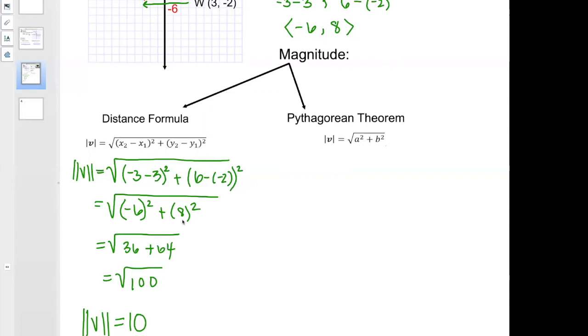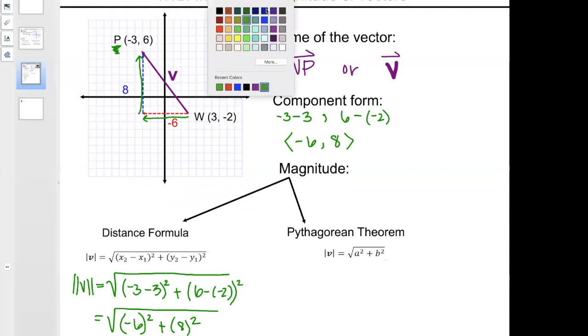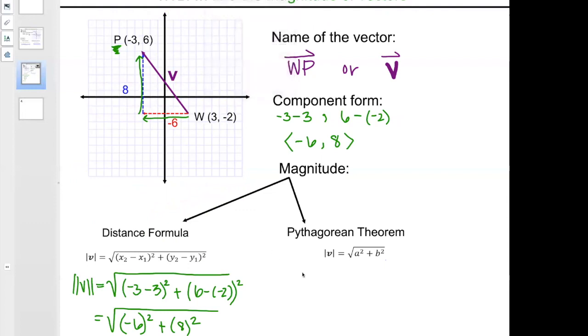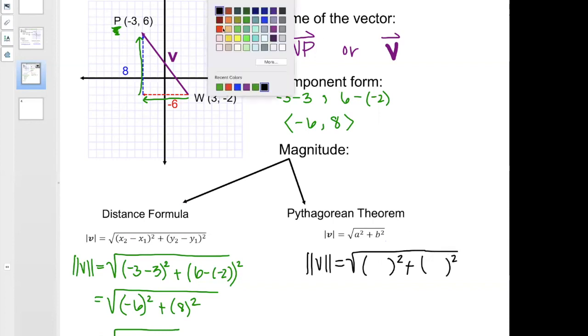Now let's take a look at Pythagorean theorem, which should give us the exact same answer. Again, I'm partial to Pythagorean theorem when it's already graphed for you. I think it's a lot simpler. I'm just going to write this down. A and B are just your components. It doesn't matter which order they go in or which one you use first or second.